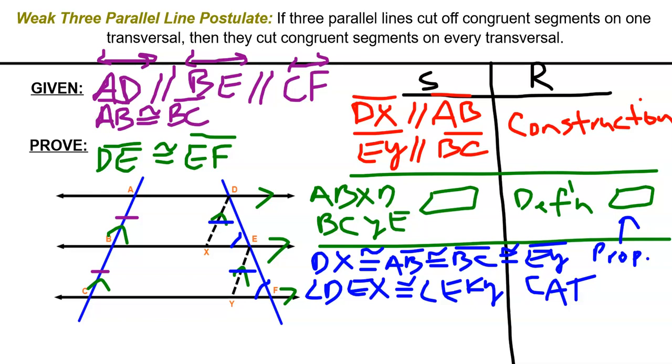And it comes from the fact that we know that DX is parallel to AC, the whole line, because AC is a line that's a transversal, and EY is also parallel to AC. That comes back from the way that we did that construction. So because of that, DX parallel to AC, which is parallel to EY, we know that DX is parallel to EY.